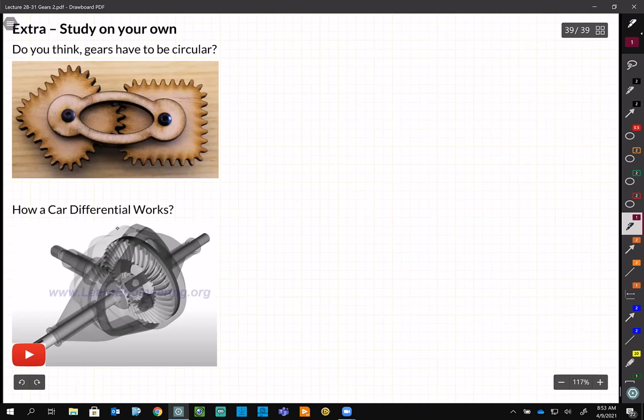And then the second topic is the differential. Differential, an essential part in a car. And it's amazing how it works, because in a car, when we are turning left or right, the speed for our tire on the left and right, they are not the same, right? Because each of them is on a different circle.